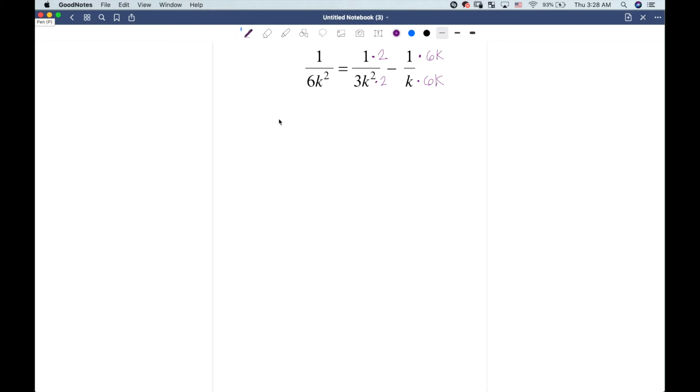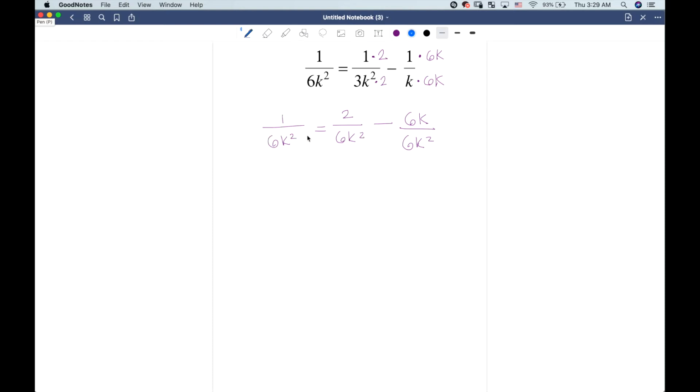Let's just rewrite it out. One times 2 is 2. 3k squared times 2 is 6k squared. Minus, right? That sign doesn't change. 1 times 6k is 6k. K times 6k is 6k squared.